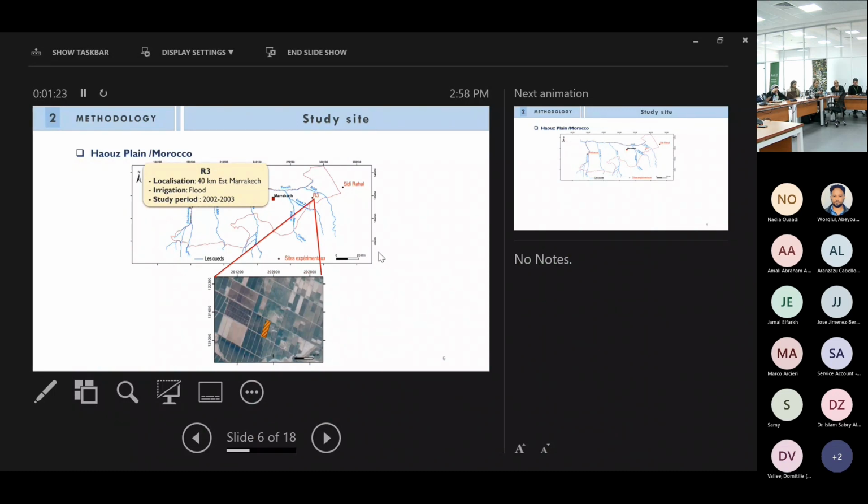And the second parcel is located in Arhbal, an area about 40 kilometers from Marrakesh, and it was maintained in 2002-2003.